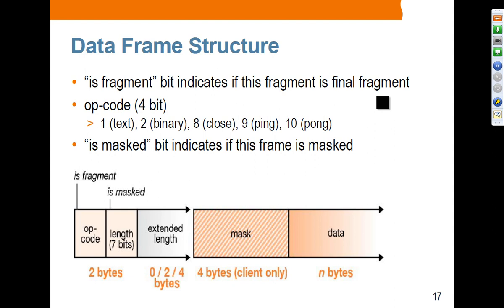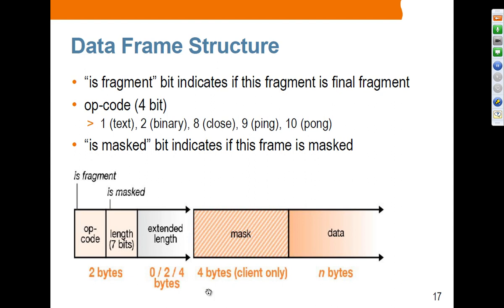If it is 1, it indicates a final fragment. If it is 0, that means it's a fragment of a message. Then it contains a 4-bit opcode. 1 means it is text, 2 means binary, 8 is a close, 9 is a ping, and 10 is a pong.